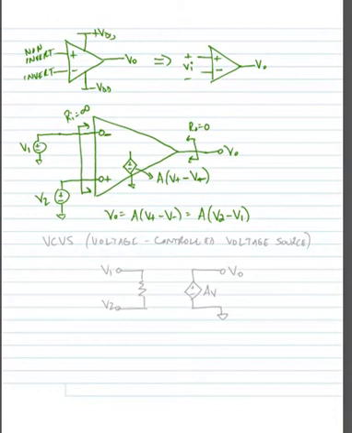One way that we might model an operational amplifier in a simulation is to use what we call a VCVS, a voltage-controlled voltage source. And our voltage-controlled voltage source has two inputs.